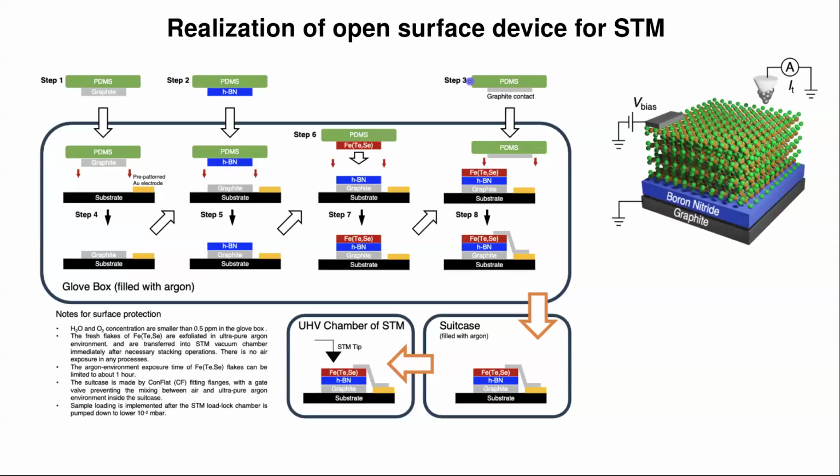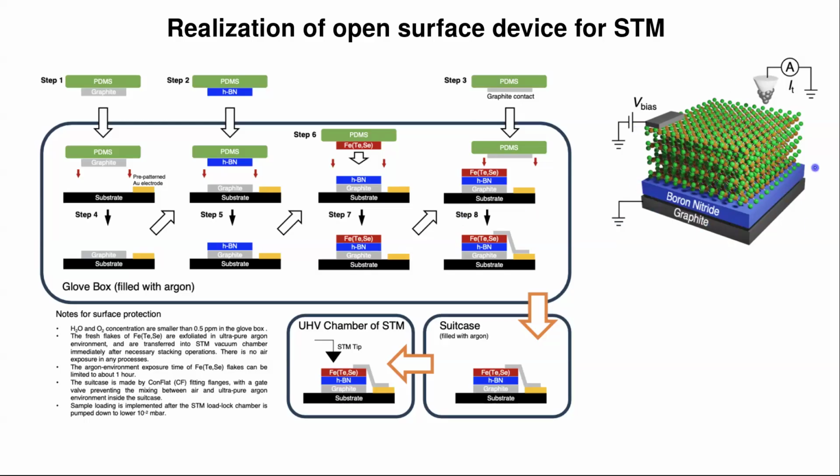In addition, on top of the superconductor, we place a graphite electrode that enables electrical contact to the stack. This is all done in an argon-filled environment, in a glove box, and then transferred into the STM.